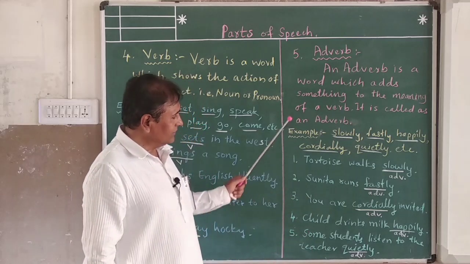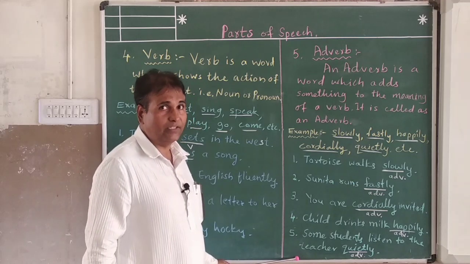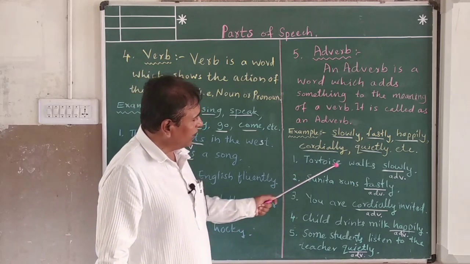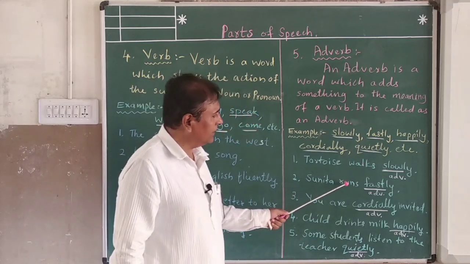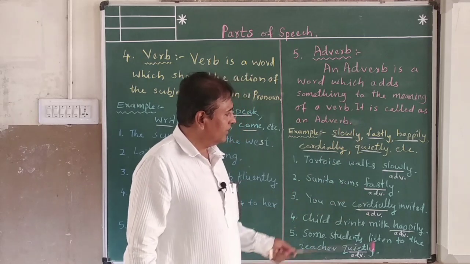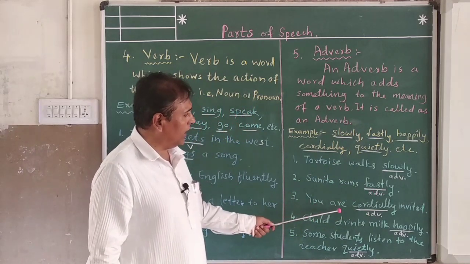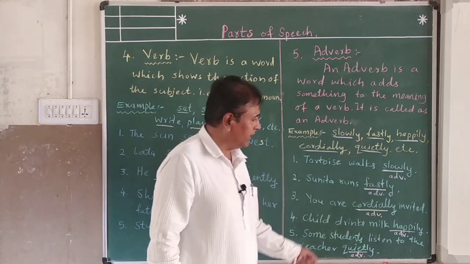Now, once again I will read the four or five sentences. Listen carefully, my dear students. Number 1. Tortoise walks slowly. Sunita runs fastly. Fastly is the adverb. You are cordially invited.